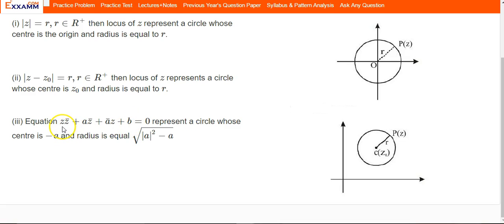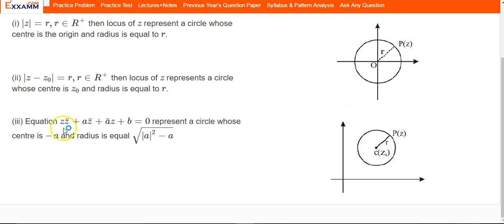Now if we add z z bar to this, then we get modulus of z square, which is nothing but x square plus y square, and this is equivalent to x square plus y square plus 2gx plus 2fy plus c is equal to 0. So if in the equation of a straight line a z bar plus a bar z plus b is equal to 0, we add z z bar, then we get the equation of a circle.